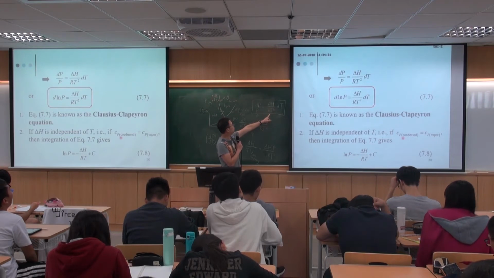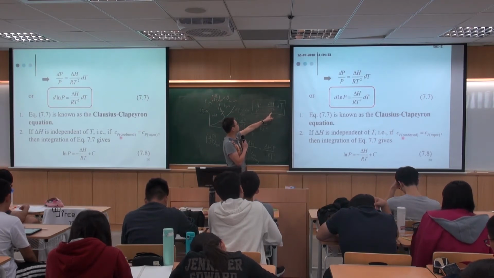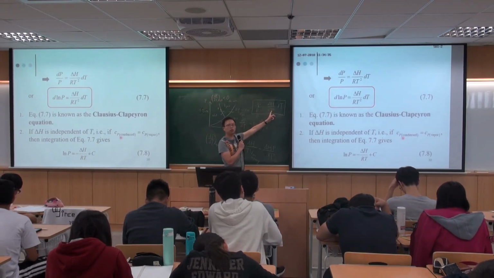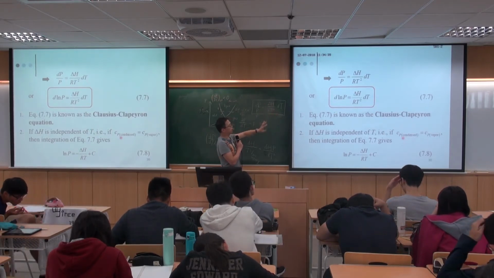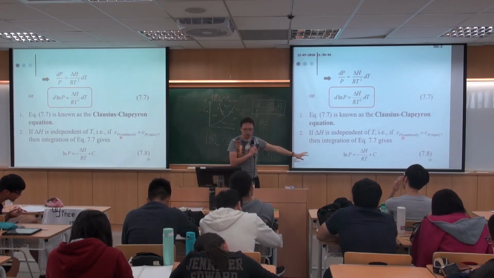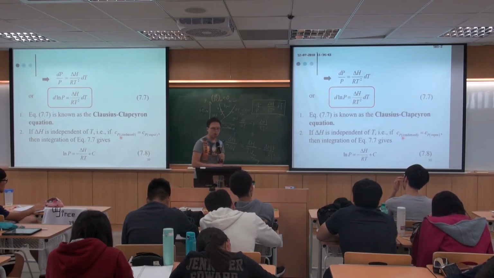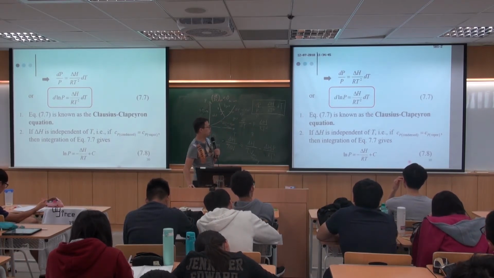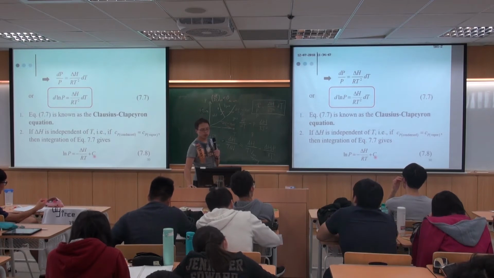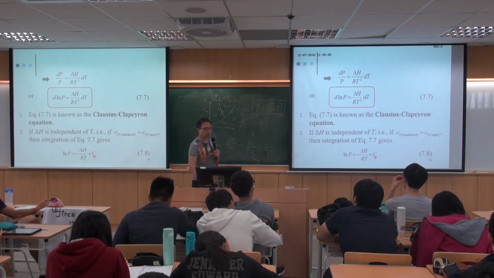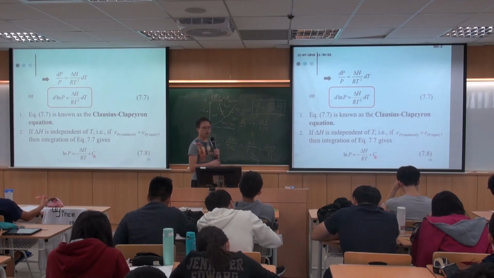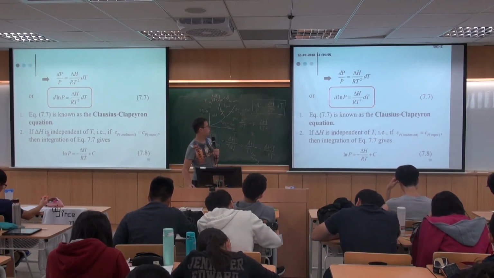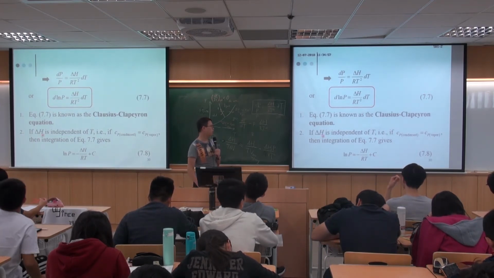So if you do the integration, it is only the integration over this T squared inverse. So eventually you'll have a very simple form, which is log P being minus delta H over RT plus an integration constant.